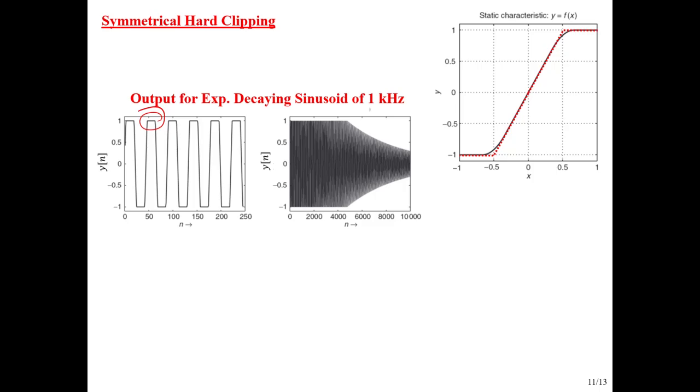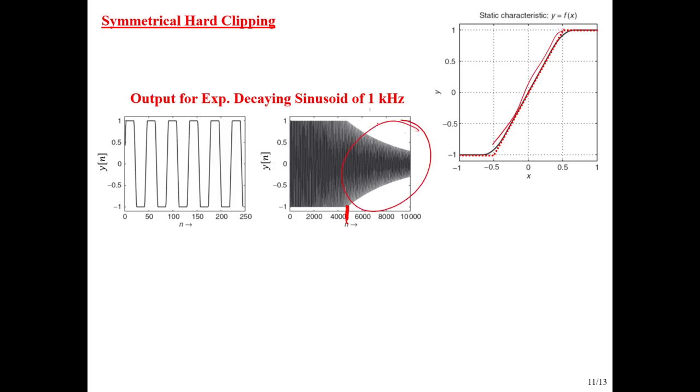But you can see up until about 5,000 samples, it's just hard clipped, and then that's where it gets below where this nonlinear part starts. So at around just before 5,000 samples, the amplitude has dropped to 0.5 or less.